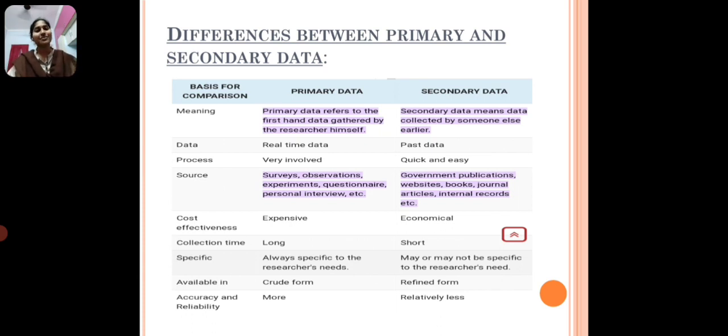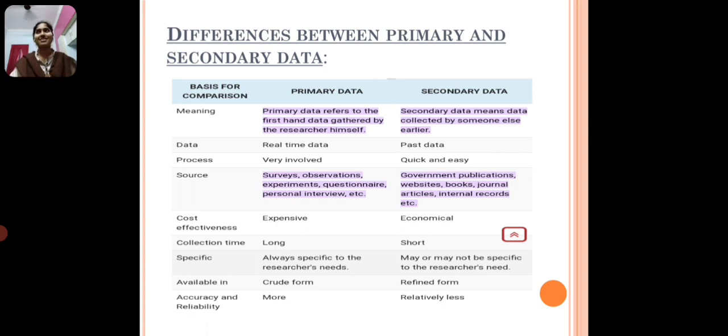And the accuracy and reliability: primary data is very accurate and very reliable, whereas secondary data is not that accurate, not that reliable, as it is from another source. It may be inaccurate, who knows.